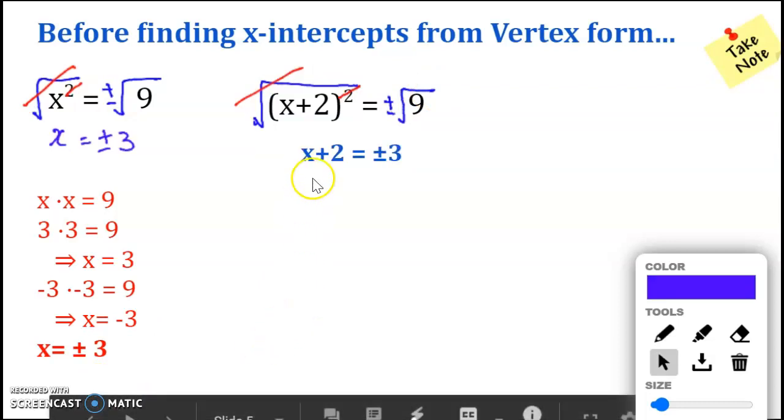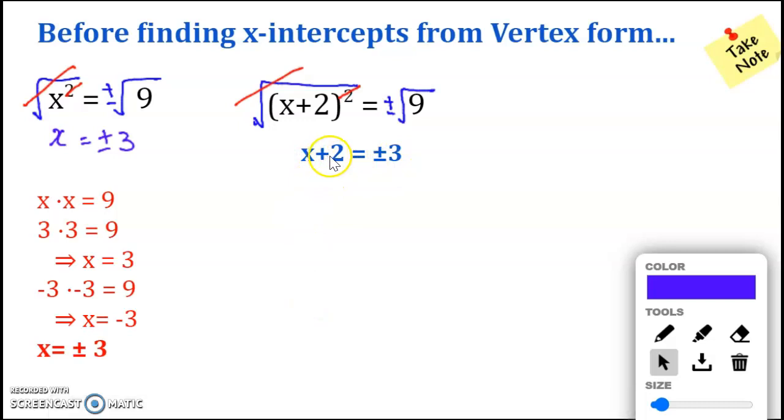From there, we need to consider that x plus 2 could be positive 3 or x plus 2 could be negative 3. So we break it into two separate equations. If x plus 2 was positive 3, then to find the value of x, I subtract 2 from both sides of the equal sign.